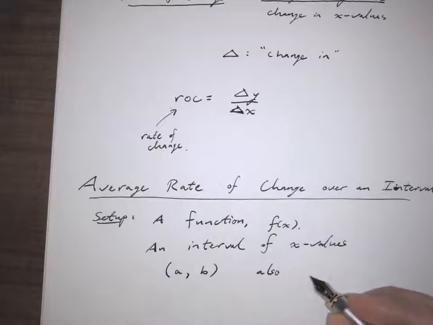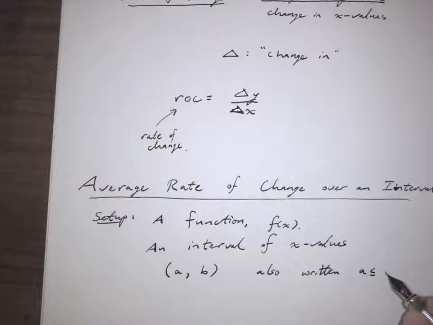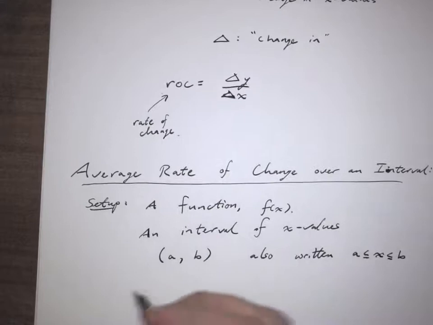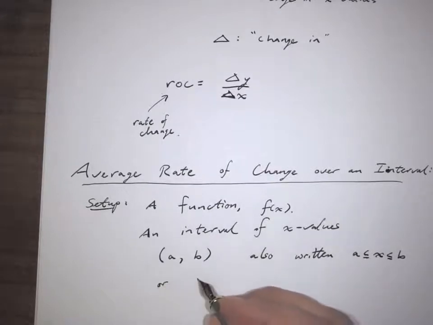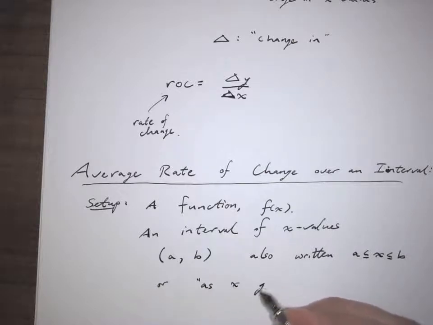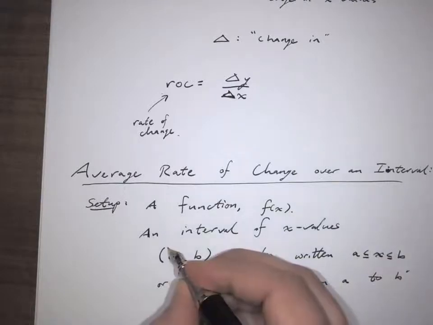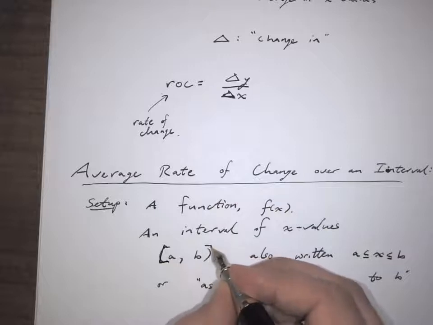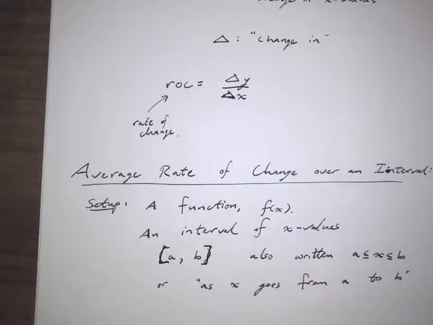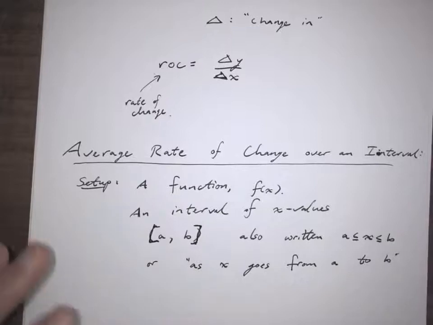Also written a less than or equal to x, less than or equal to b, or we just say as x goes from a to b. And I guess actually technically this is supposed to be a square bracket.